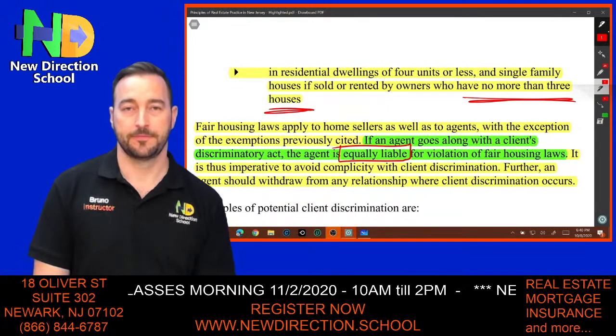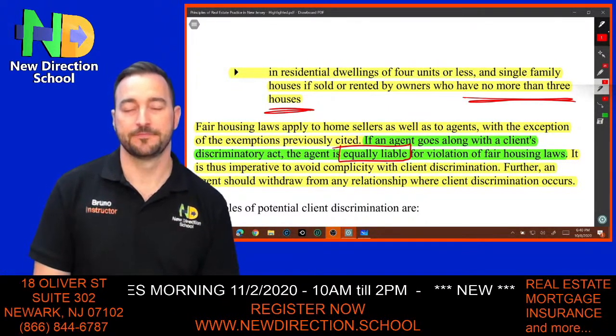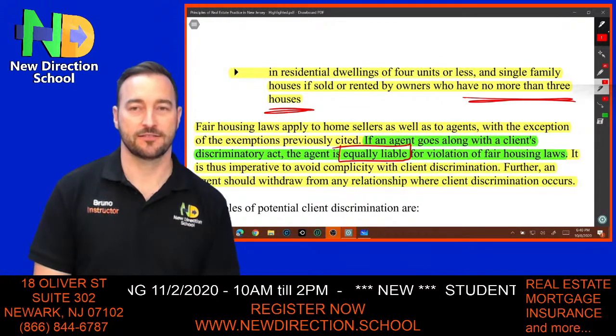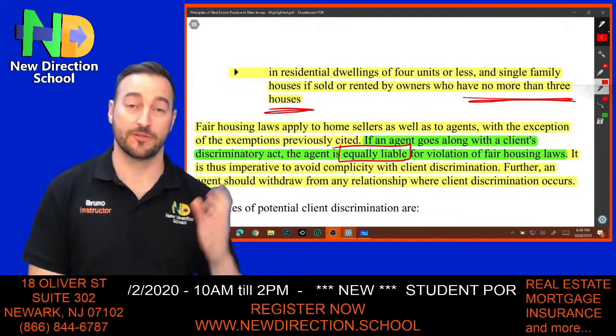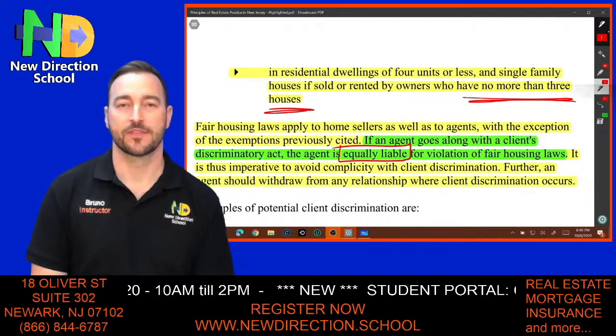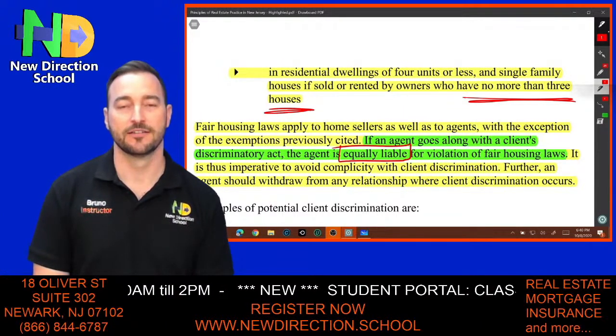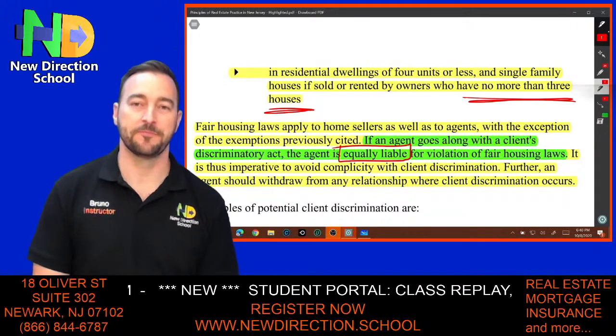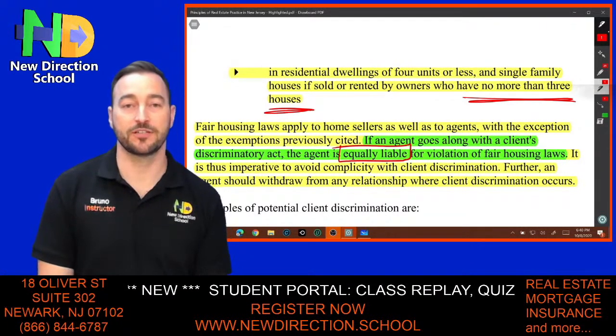What did the agent do? His advertisement was not discriminatory, but every time there was contact from that particular group of people, he would say, well, it's no longer available. It's under contract. Whatever it might be. He would give some type of excuse.